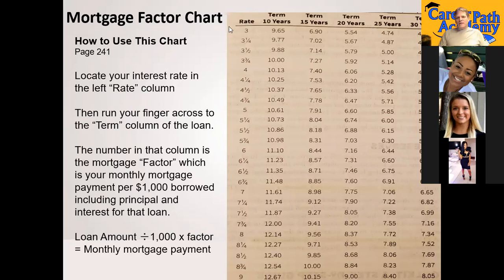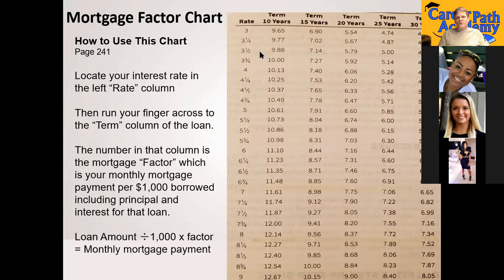You see there's the column here that has the rate on it on the far left at the top. This is the interest rate that the lender could be charging the borrower. And then there's the term. How many years is the loan going to be? 10, 15, 20, 25, 30-year loan. These are the common ones. And then they've got these numbers in between. So this is how to read this chart.